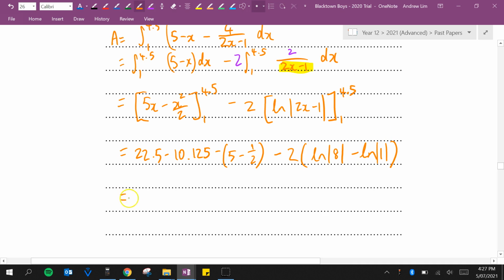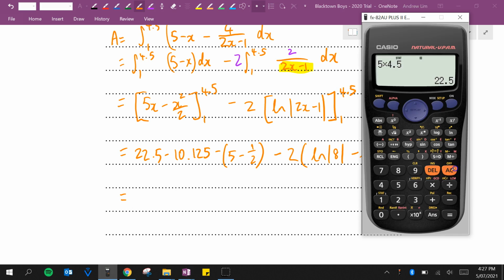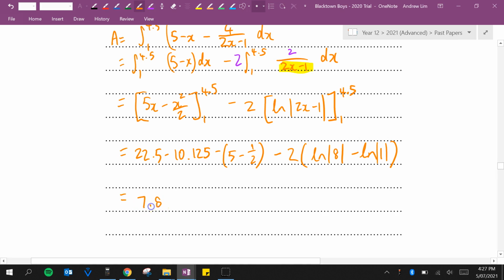So we've got 22.5 minus 10.125 minus 5 minus half, which is 7.875, minus 2 ln of 8.